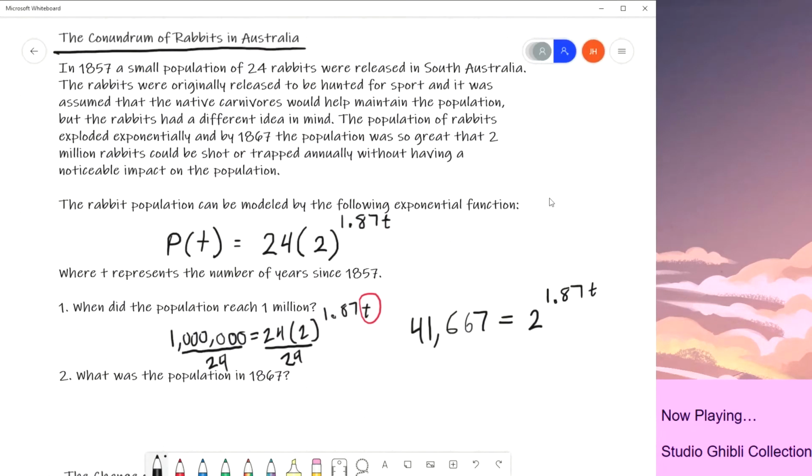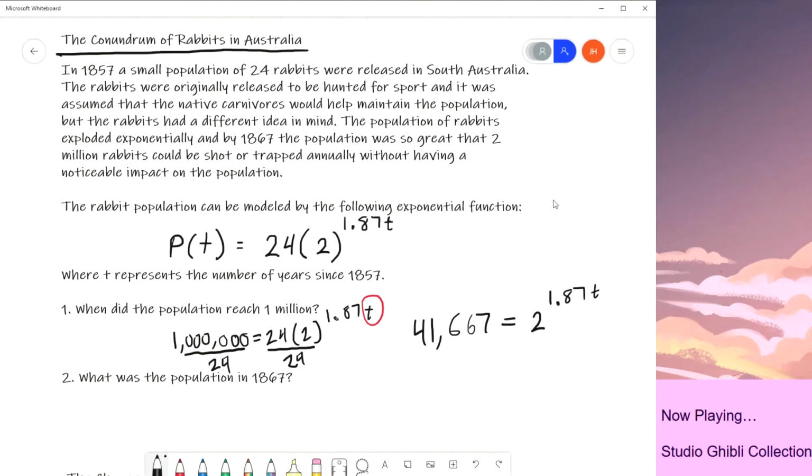So looking at this, essentially a logarithm is going to be base 2 here. It's going to be log base 2 because the base on my exponential is base 2. So I'm doing essentially a log base 2 to both sides. So the idea is that I input into my logarithm the result, which is this 41,667.